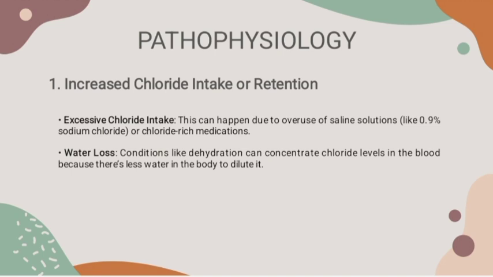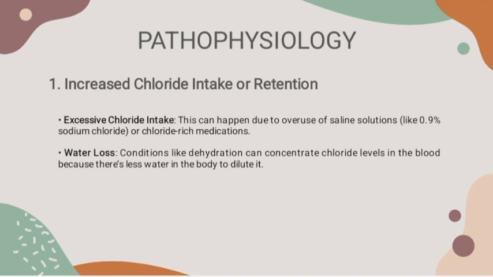Furthermore, certain medications like ammonium chloride or some diuretics may also contribute to elevated chloride levels by directly promoting its retention. Another one is water loss. Conditions like dehydration can play a significant role in concentrating chloride levels in the blood.